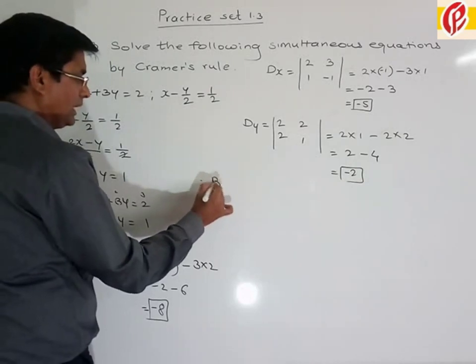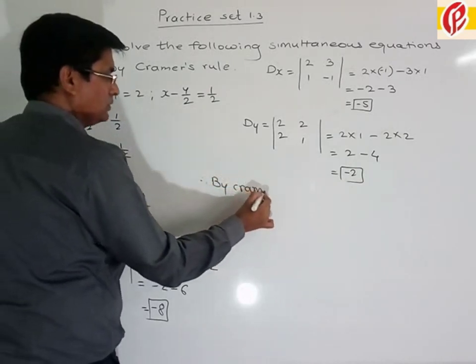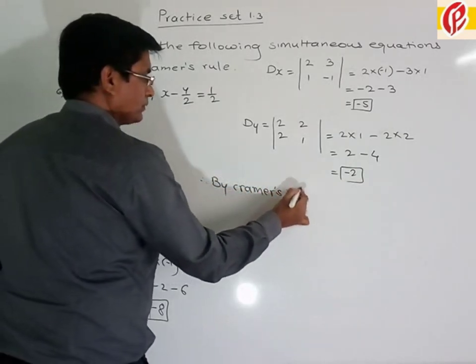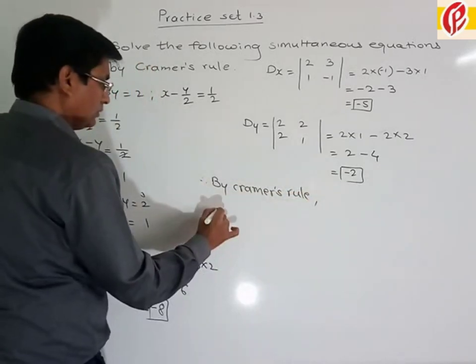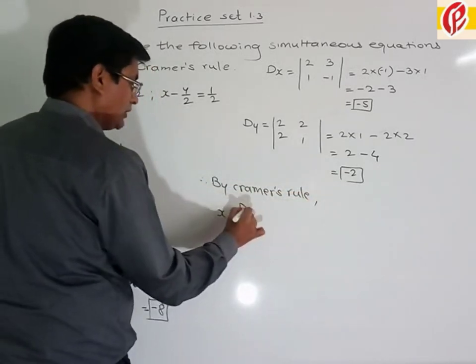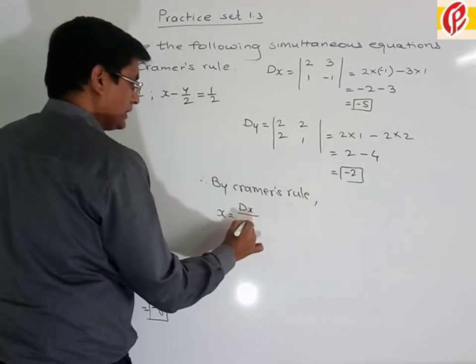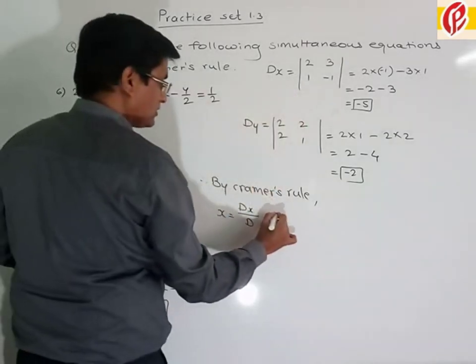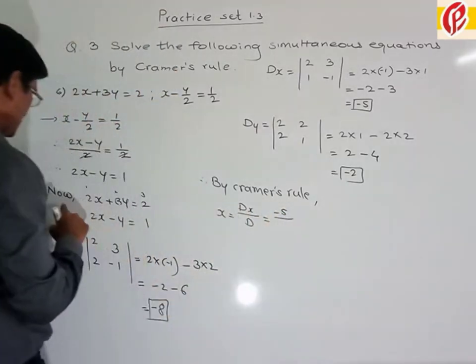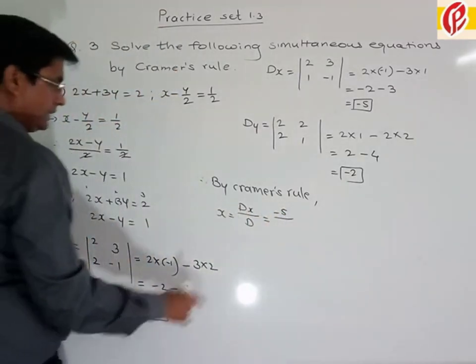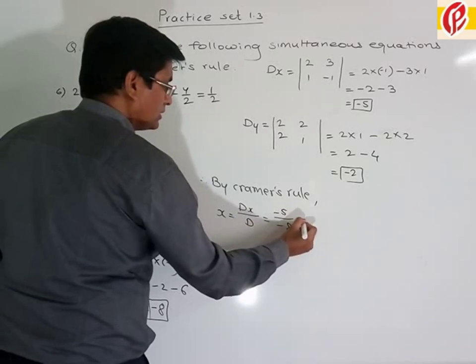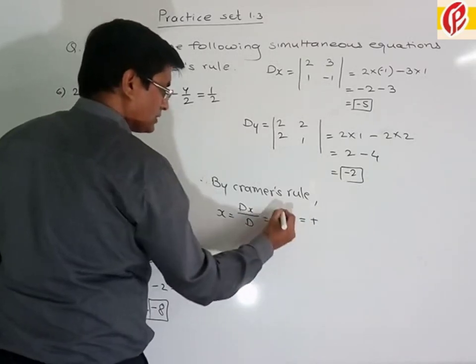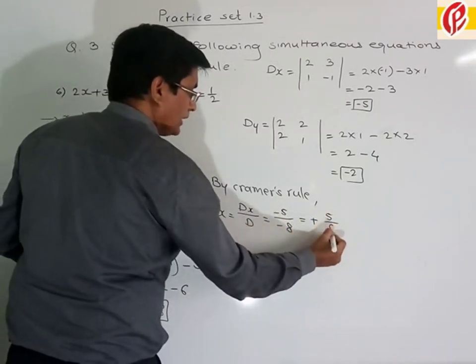Therefore by Cramer's rule, x is equal to, what is the formula of x? dx upon d. So dx is what? Minus 5. What is d? Minus 8. Minus 5 upon minus 8. So minus minus is plus, 5 upon 8.